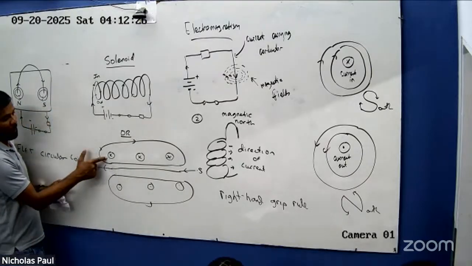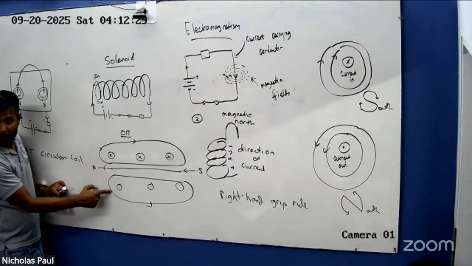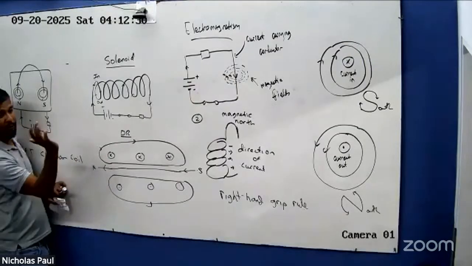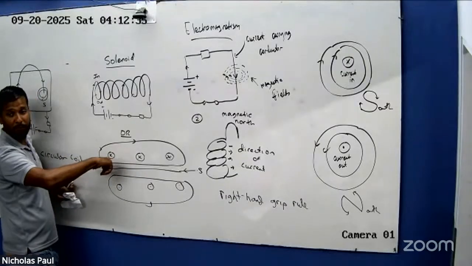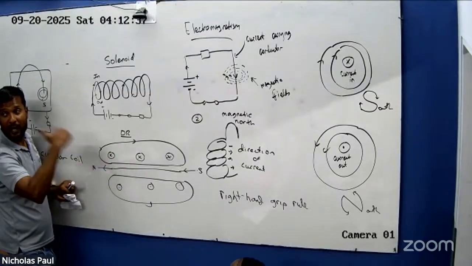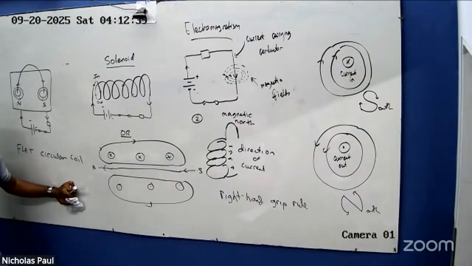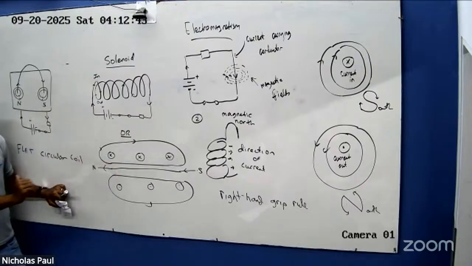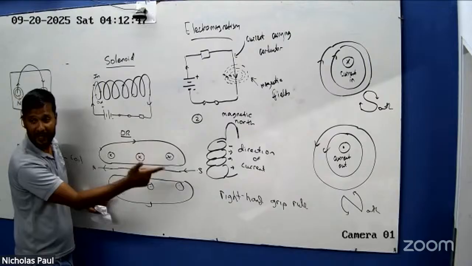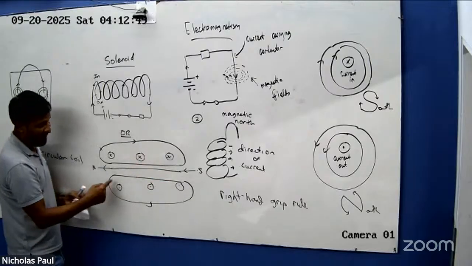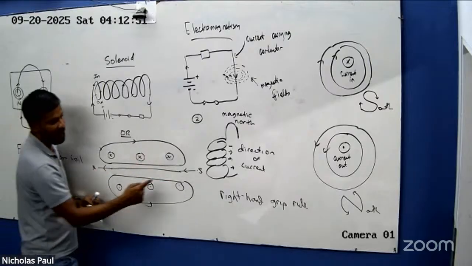Current is going in at the top and out at the bottom. So your fingers have to go in at the top and out at the bottom, and your thumb will automatically point towards the magnetic north. Once you figure out where north is, south is on the other side. Magnetic field lines leave the north and come into the south.